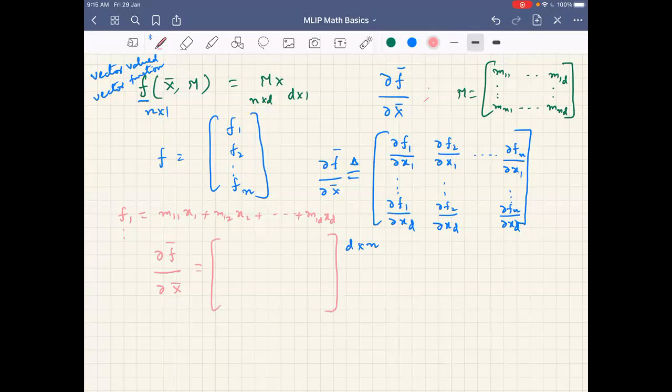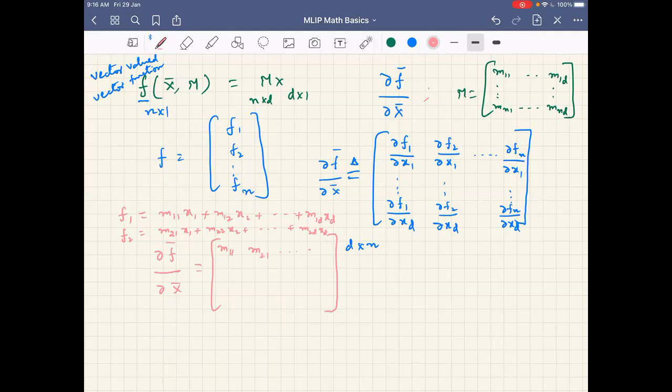Dou F1 by dou X1, what is that? M11. Dou F2 by dou X1, then what do you think you will get? F2, I have not written here: F2 is M21 X1 plus M22 X2 plus and so on, up to M2D XD. So what is the component here? M21.